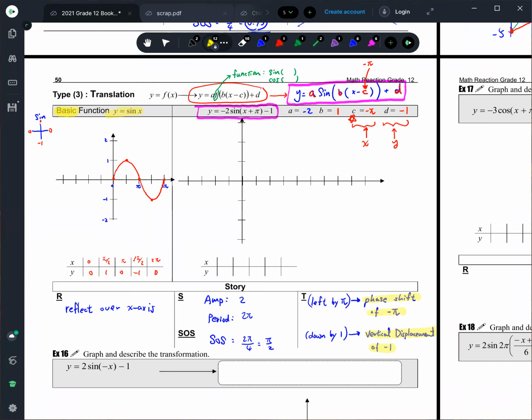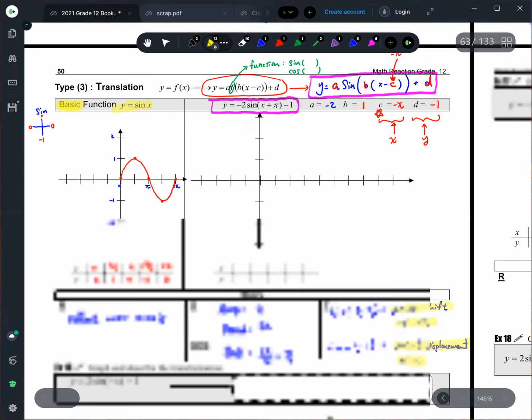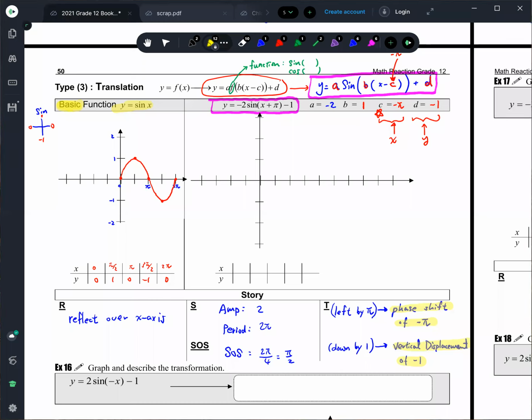Okay, can you raise your hand once you got everything down here? And then we'll start to make the table, right? So please raise your hand if you copied down everything here.